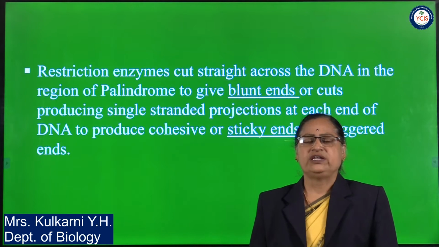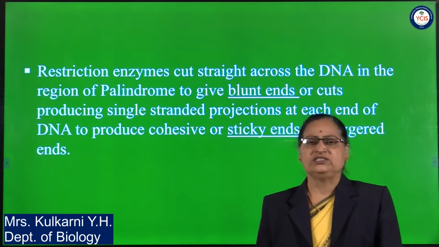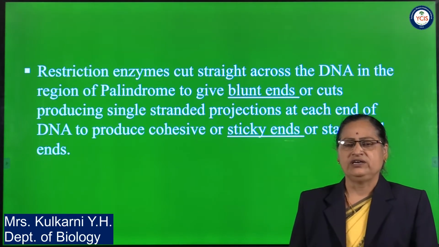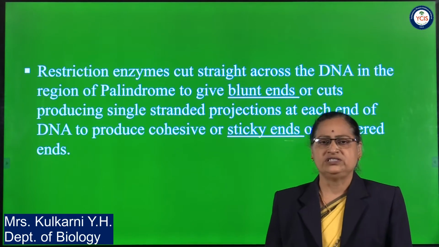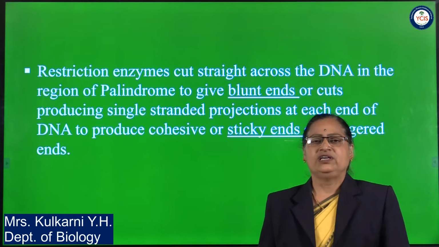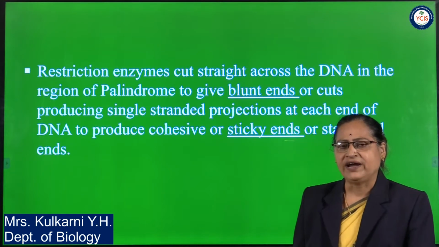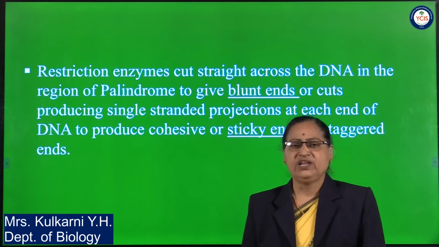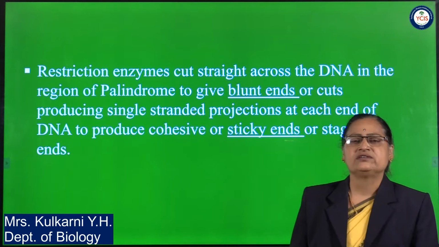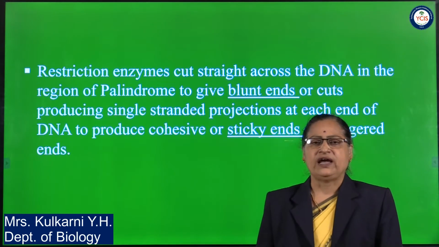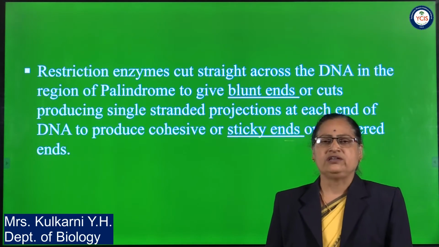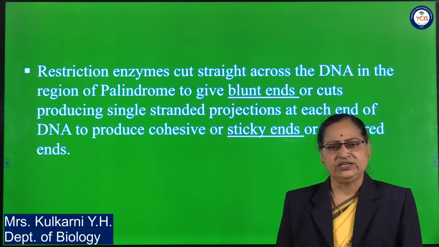Next to this, restriction endonucleases. Why is the name restriction endonucleases given? Because they are formed by bacteria, and they break the viral DNA and also restrict the growth of viral DNA.